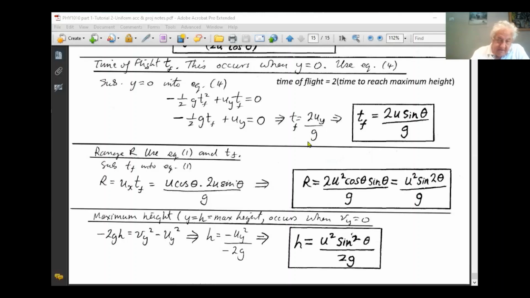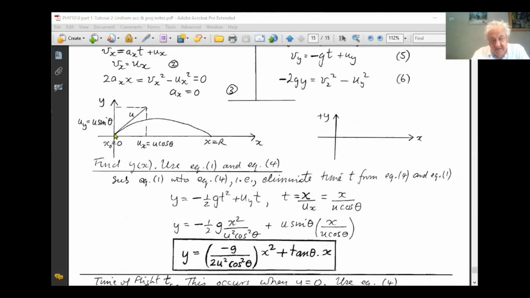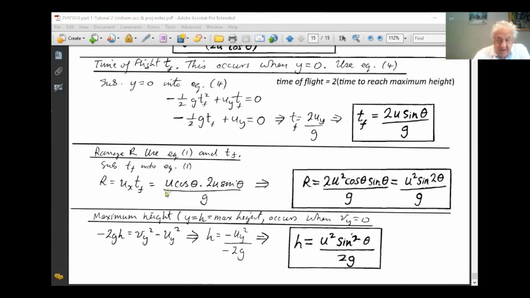The next formula is the range. The range is the overall distance the projectile travels. Again, we're always referring to this ground level and this specific trajectory. So this formula gives me the range. Again, the derivation I leave for you.